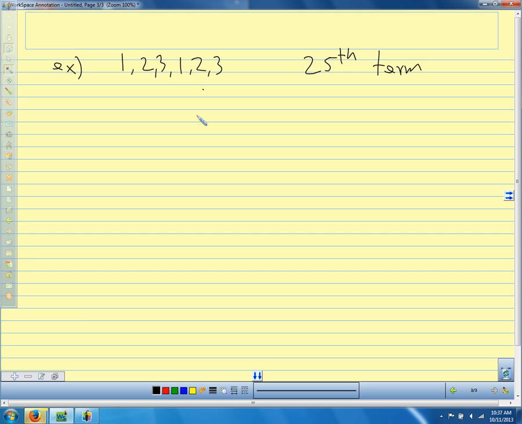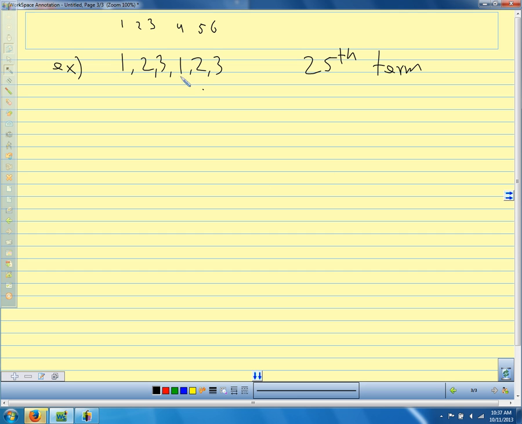So let's hold on to that idea. What would be the brute force method of doing this? Writing it all out and counting up to 25. So you could do that. It would be much more difficult if they asked you for the 250th term. So what Leith says is, I'm going to number these terms. So I'm going to say this is 1, 2, 3, 4, 5, 6, etc. So this is their space in the list.